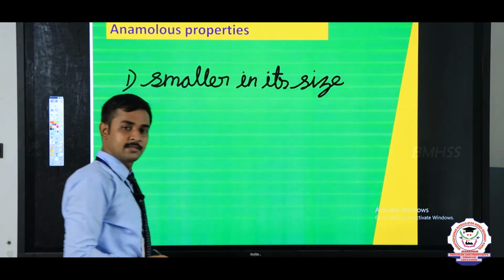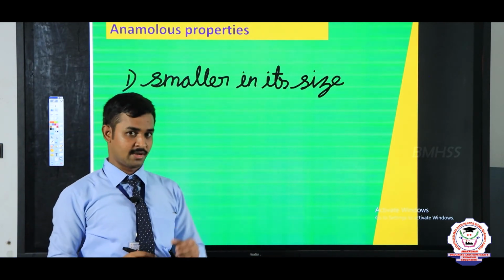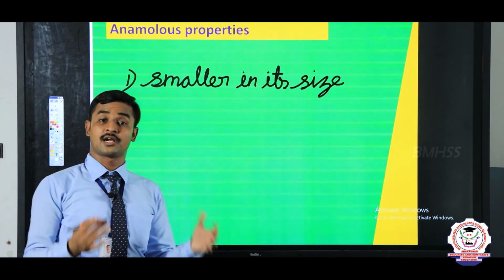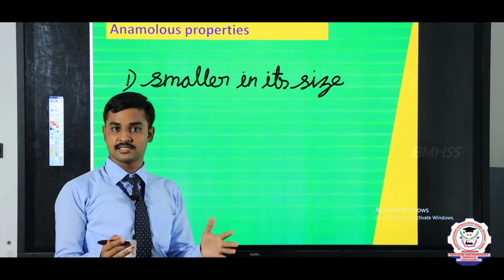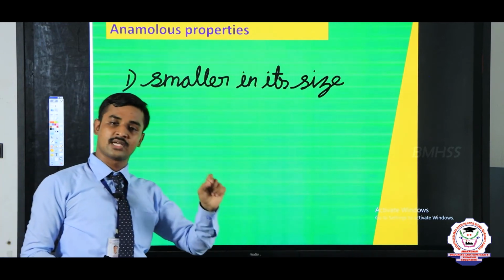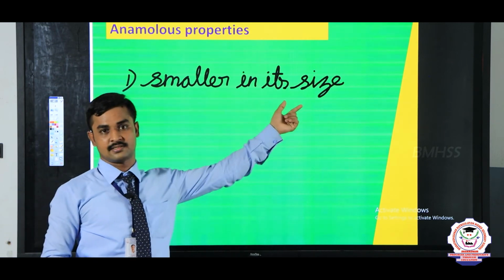So, look students, when we compare p block elements with d blocks and f blocks, d blocks and f blocks contain higher orbits and higher atomic number, so they are higher in size, but the p blocks have lower size than the d block and f block, so they are generally smaller in size.